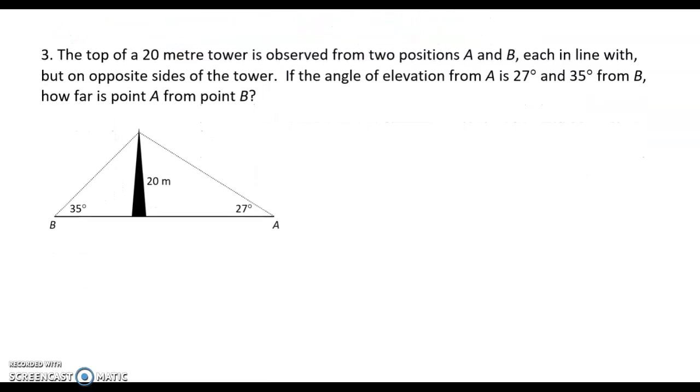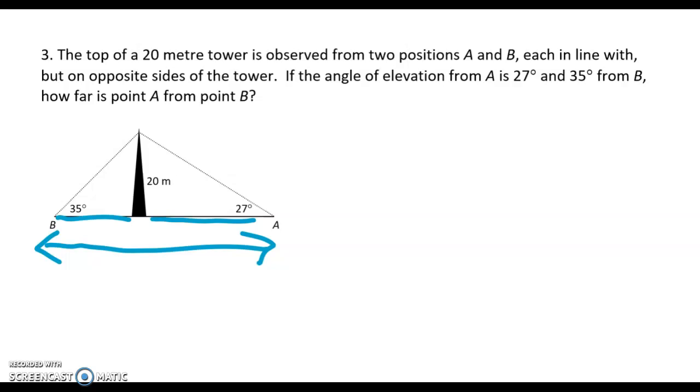Question 3 has a similar approach to it. You've just got to find the whole distance there. And so you've just got to find this distance and then that distance. I'm just going to give you an answer for this, and you can see if you can get there for this question.